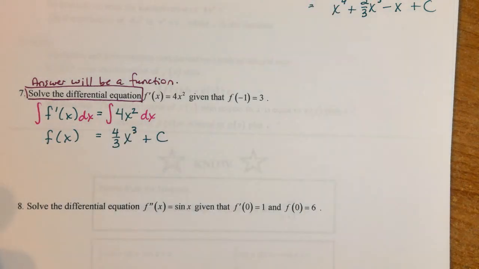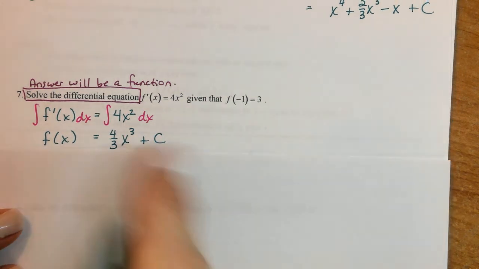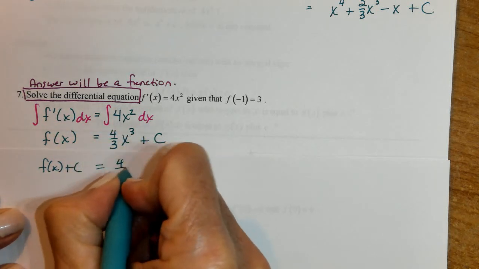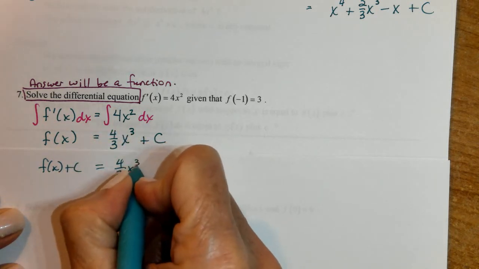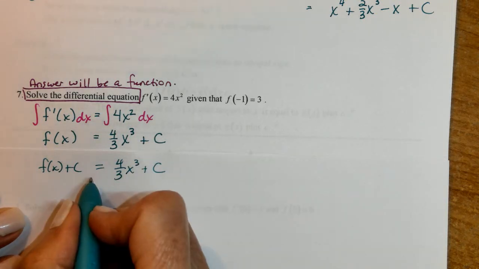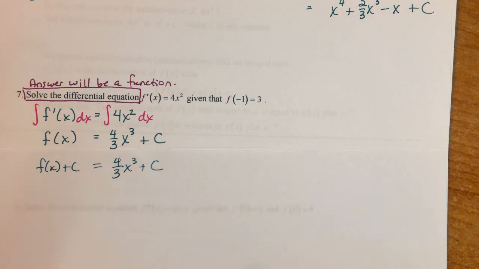Now, be careful with this, because as I was saying that, I thought of something. On this side, we have f of x plus c is equal to 4/3 x cubed plus c. These c's are not necessarily the same. These are our general constant of integration. They can be anything.